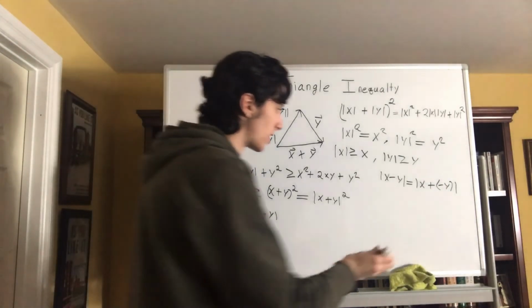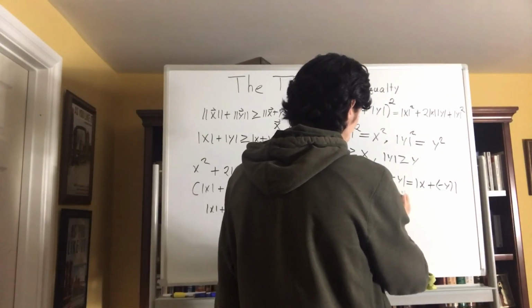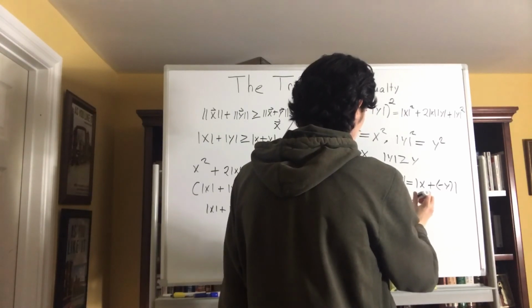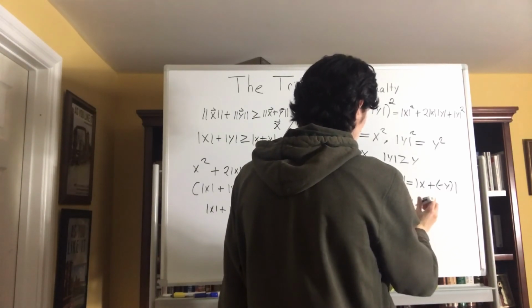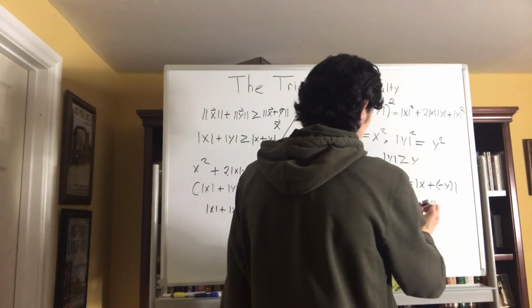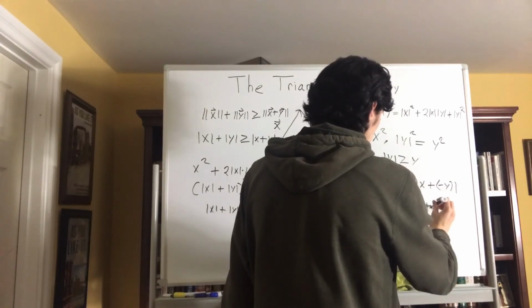So therefore, the absolute value of x plus the absolute value of that something, and in this case, that something is negative y, is greater than or equal to the absolute value of x plus negative y.